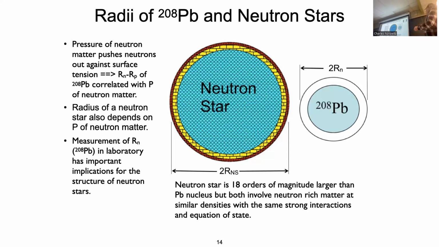So the pressure here has a lot to say about the pressure there, and the pressure is holding up a neutron star against gravity. So a high pressure gives a big radius to the neutron star and a thick skin to lead. So that's the idea.